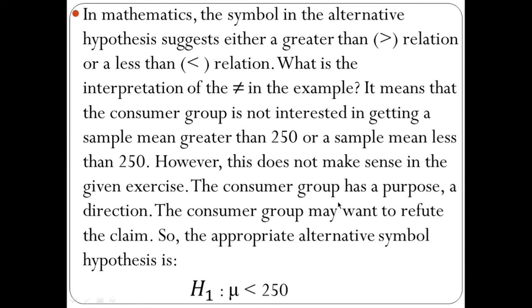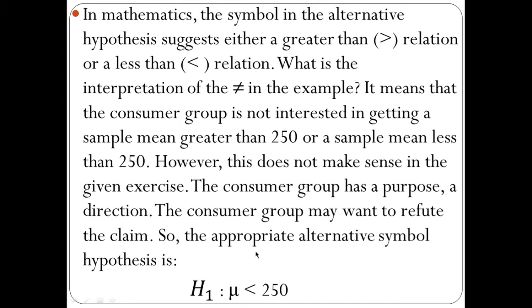However, this does not make sense in the given exercise. The consumer group has a purpose, a direction. Okay, kasi gusto nilang malaman kung nagsisinungaling ba yung may-ari or hindi. So, the consumer group may want to refute. Okay, so yung consumer group gusto nilang mapatunayan na tama nga yung owner's claim, tama ba yung sinasabi niya na every bottle contains 250 ml.